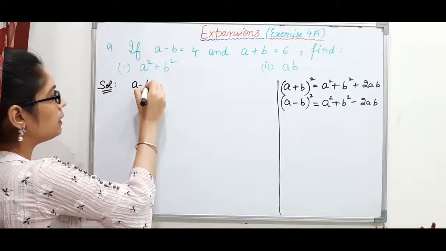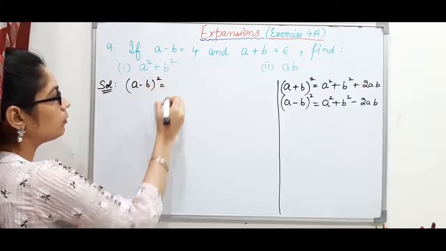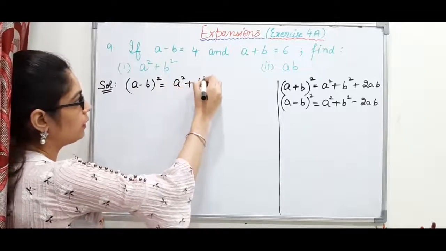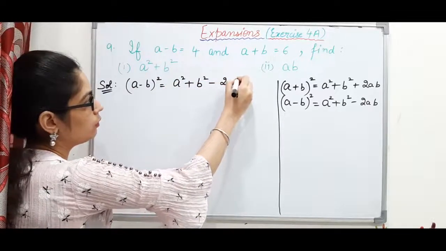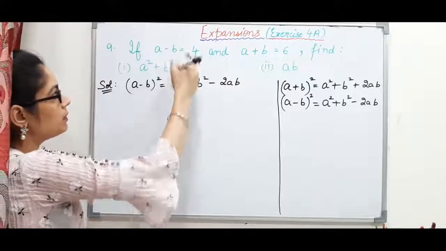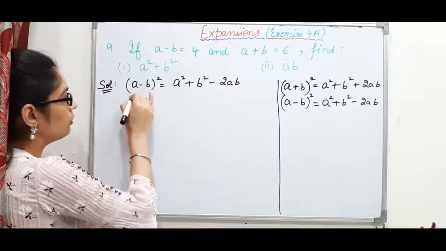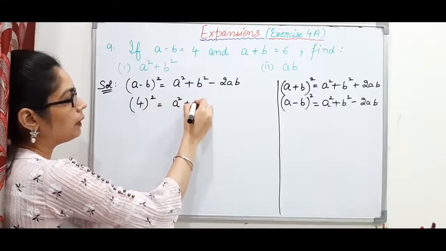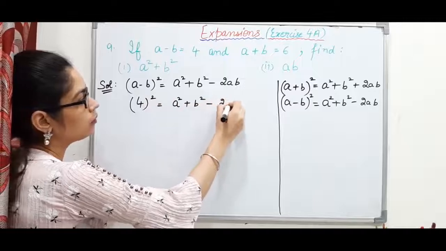A minus b whole square is equal to a square plus b square minus 2 into a into b. So I will write the value: a minus b is equal to 4, whole square, a square plus b square minus 2 into ab.